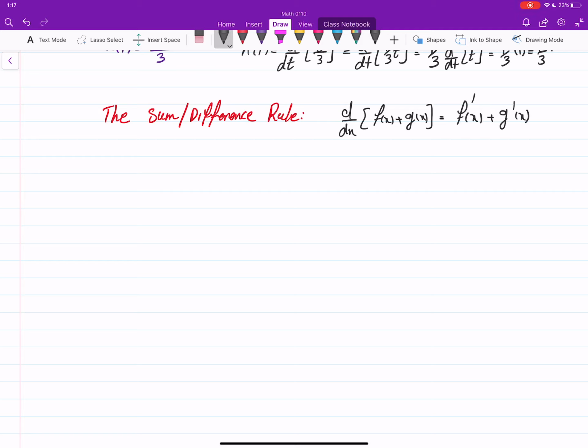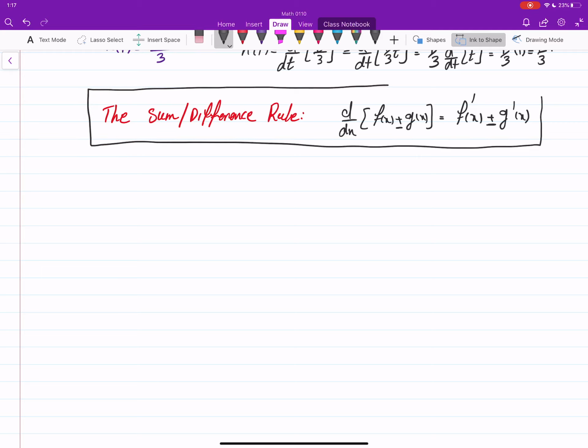Derivative of sum is sum of derivatives. What about differences? Differences work the same way. Derivative of differences is differences of the derivatives. So let me put this in a box as our new rule and start doing some examples.